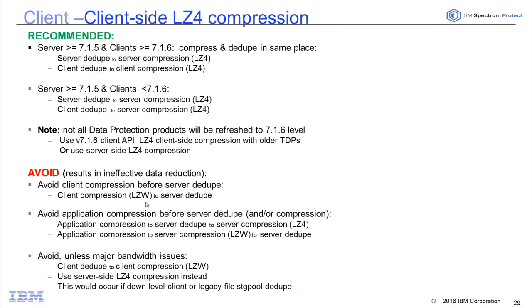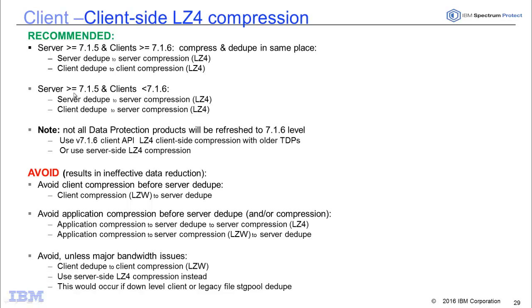The recommendation on when to use client-side dedupe and client-side compression is very simple. Compress and dedupe in the same place. If your Spectrum Protect server is 7.1.5 or above and your clients are 7.1.6 or above, then either use server dedupe with server compression, and that'll give you the LZ4 algorithm, or use client dedupe with client compression, writing out to container storage pools.